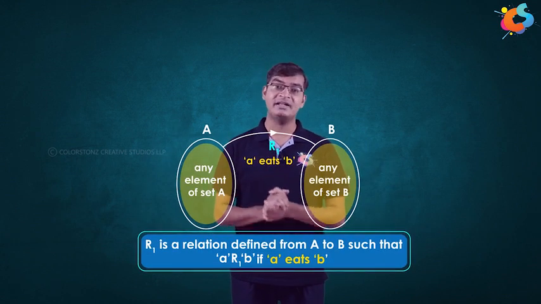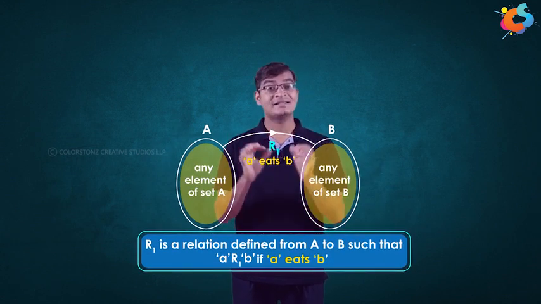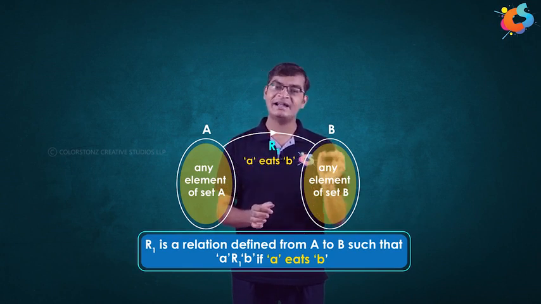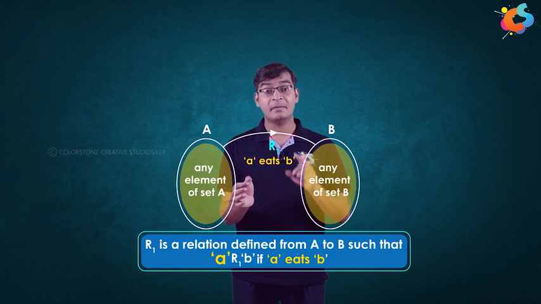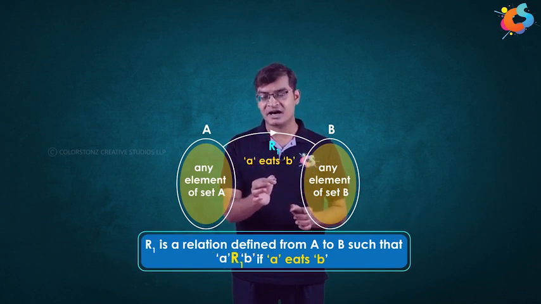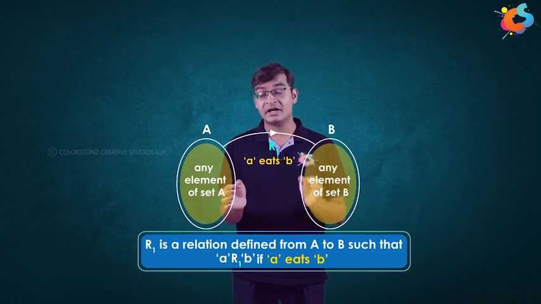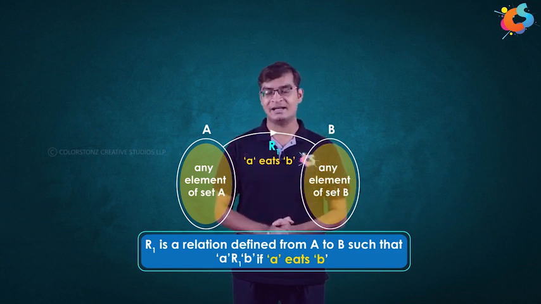R1 is a relation defined from A to B such that A R1 B if A eats B. A is an element mapped to B under the relation R1 if the condition. What is the condition? First element should eat the second element.